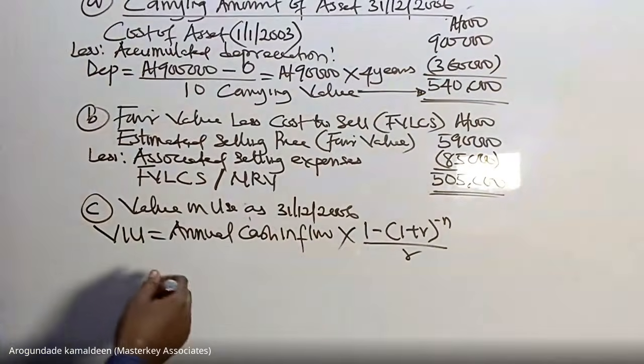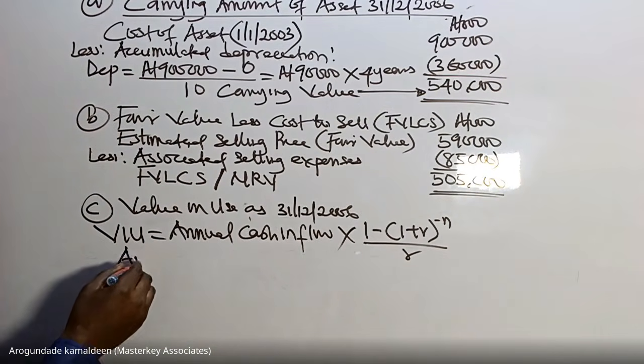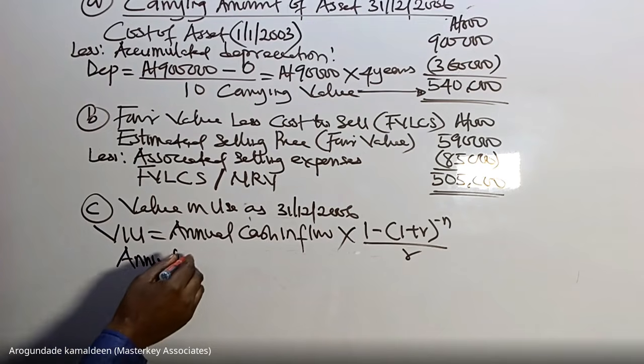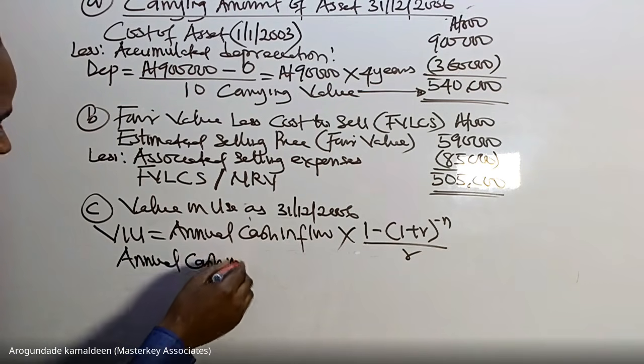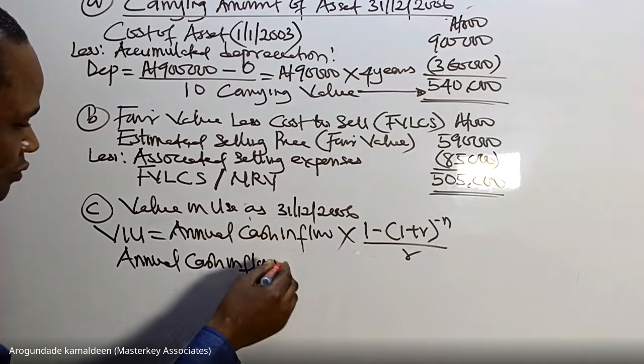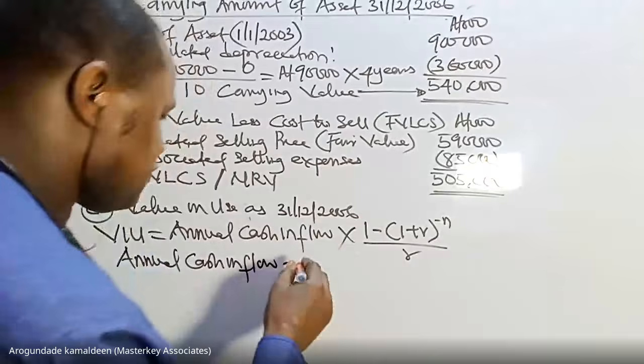So your annual cash inflow is 150 million.